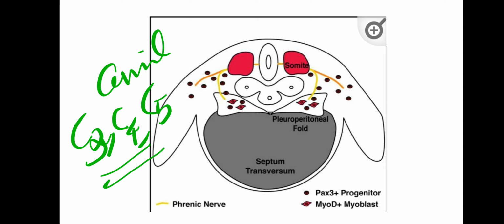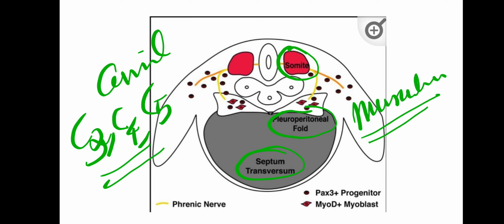So the muscle cells and the nerve cells from the cervical somites have migrated to the septum transversum and the developing pleuroperitoneal membrane, and that is how we have the radiating muscular fibers. Because the muscular fibers have their origin from the cervical somites, the nerve supply is also from the cervical somites level, that is here C3, C4, C5.